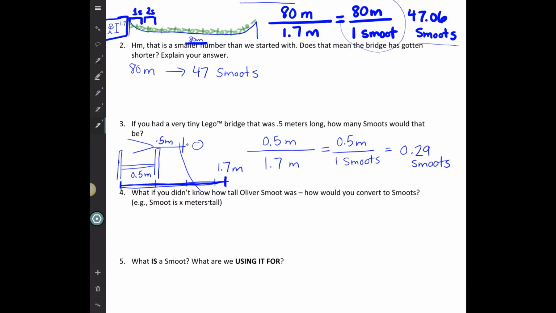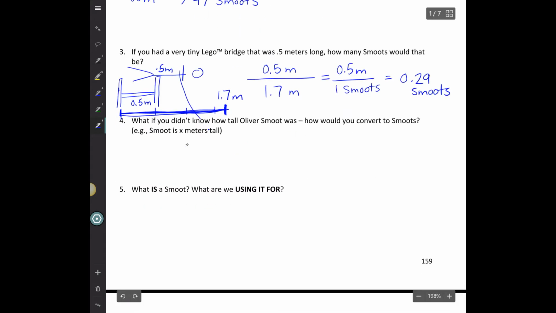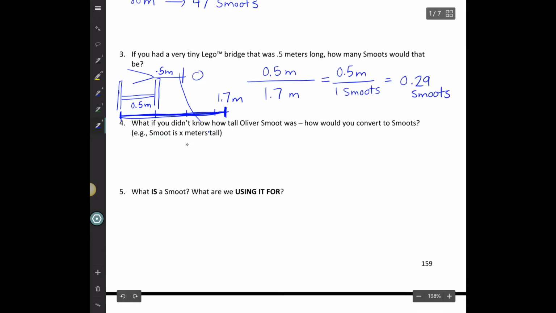So what if we didn't know how tall Oliver Smoot was? How could we convert, or what's this process that we're using to convert from meters to smoots? So you may have noticed in the two examples, what we're really doing is we're taking the length of the bridge, which is originally in meters, and I'm saying I don't want to know how many meters it is.